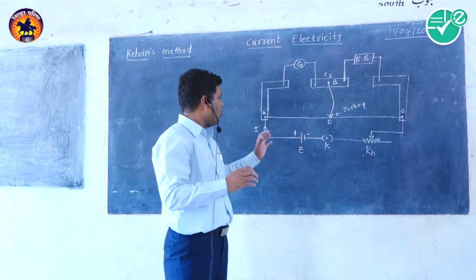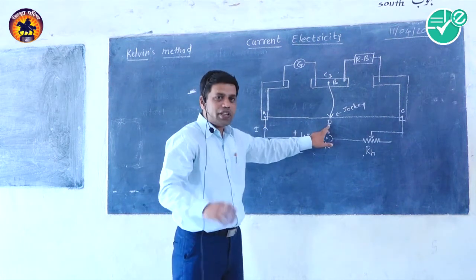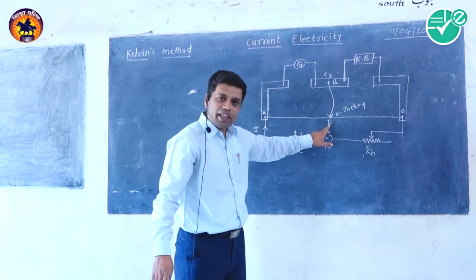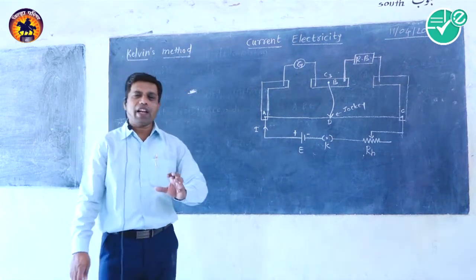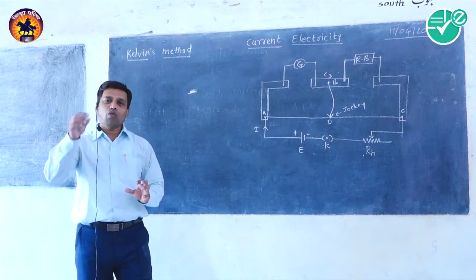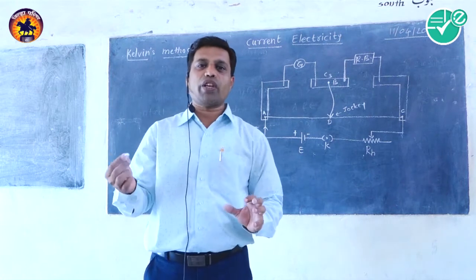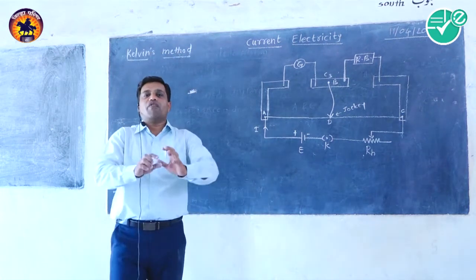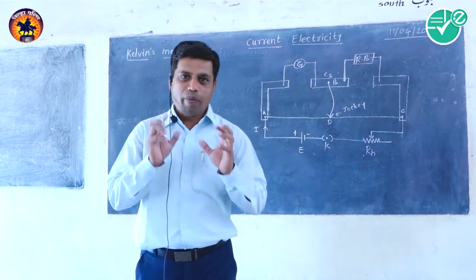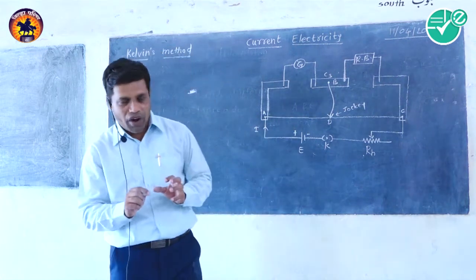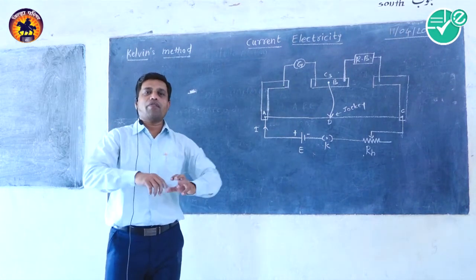At a certain point D from A on wire AC, you observe a point D such that either you touch the jockey to the wire AC or you remove the jockey from wire AC, the deflection remains the same. There is no change in the deflection. The deflection shown by the galvanometer without touching the jockey to the wire and with touching the jockey to the wire will be the same.